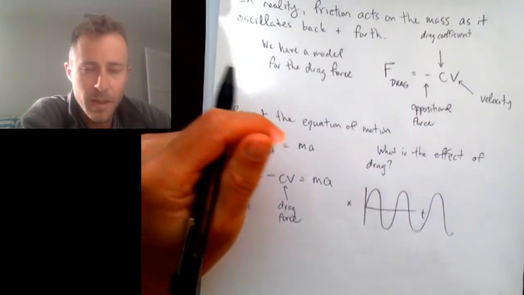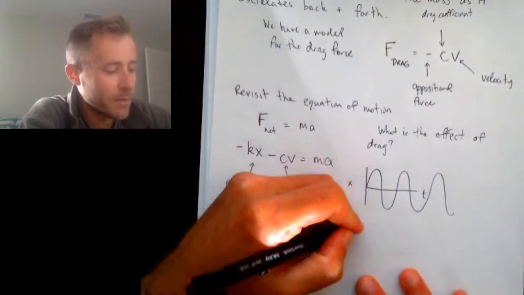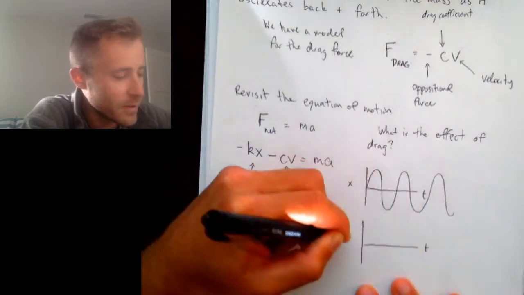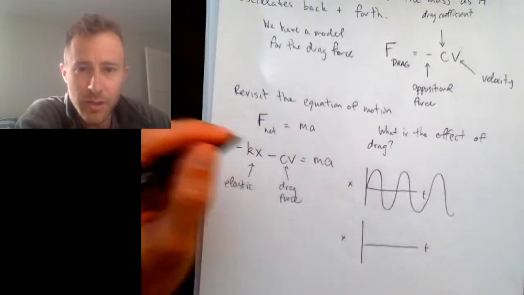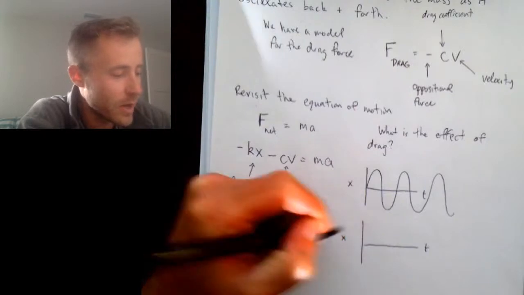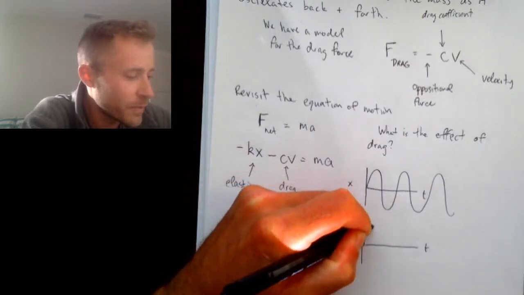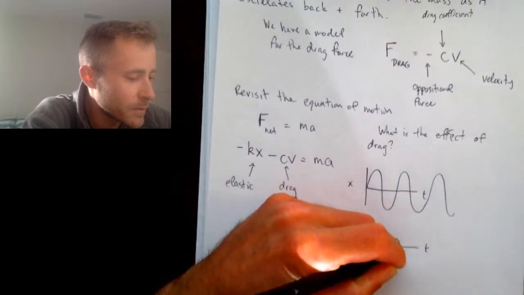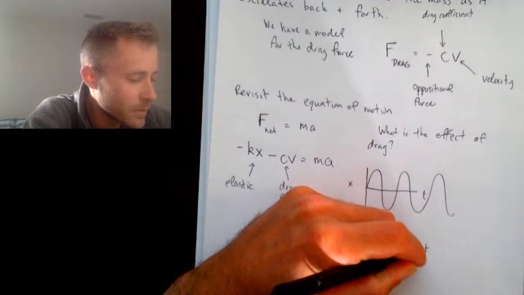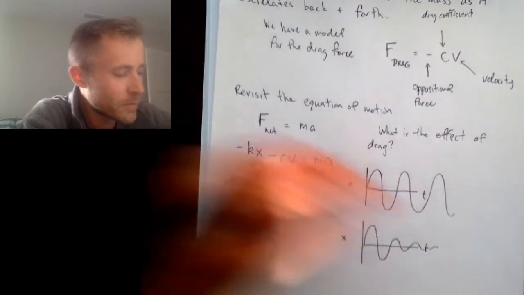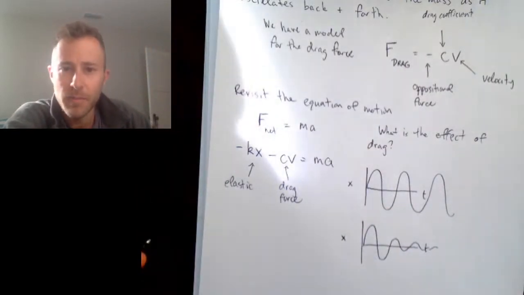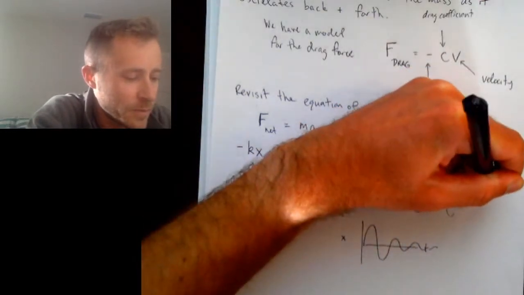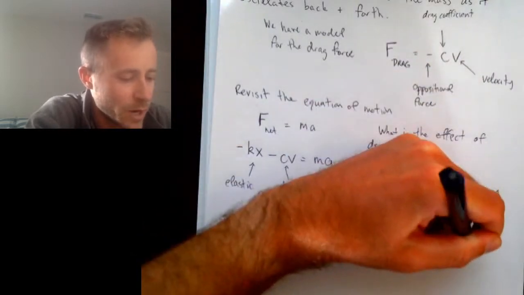Once you include drag, your position time is going to look like this. So basically, the amplitude is going to get smaller as time goes on. So this is no drag, and this is with drag.